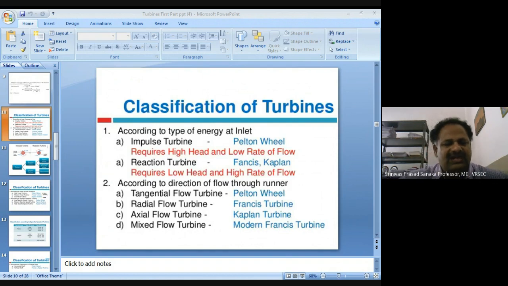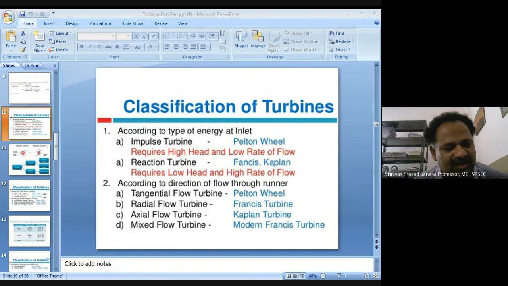So the second classification is based on the direction of the flow through runner. If the direction is in tangent direction, it is tangential flow turbine. If the flow is in radial direction, it is called radial flow turbine. If the flow is parallel to the axis of the runner, then it is called axial flow turbine.